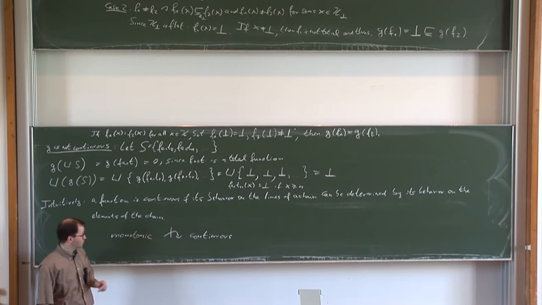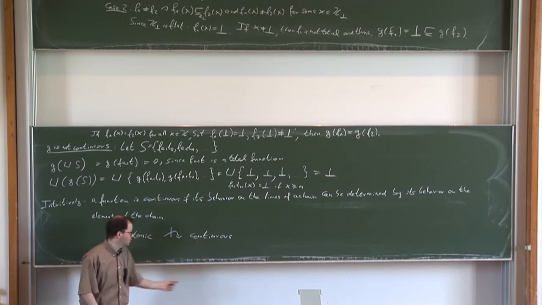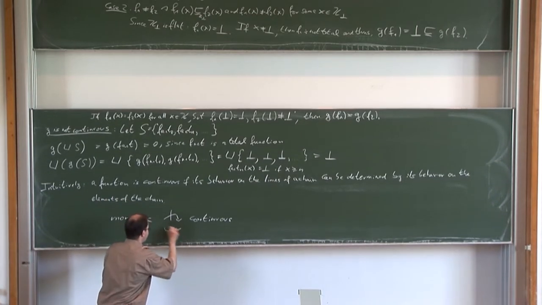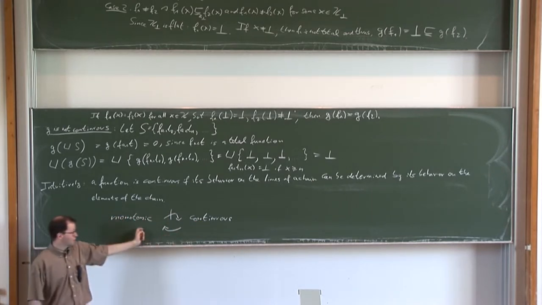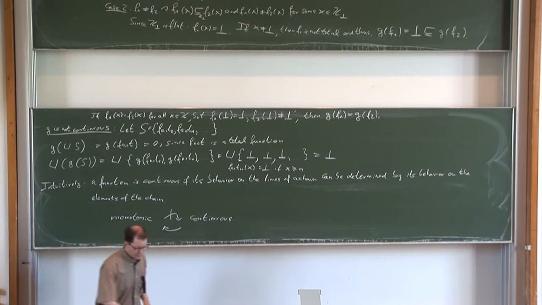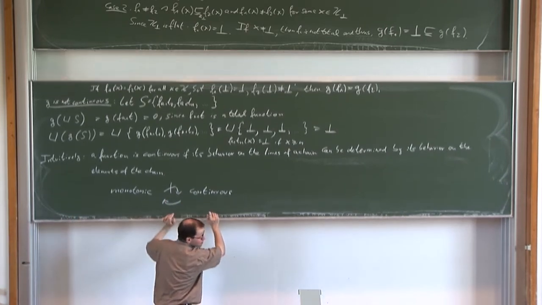Now this example here showed this. This is monotonic but not continuous. So the question is, does the converse hold? Is every function that is continuous also monotonic? And we will answer this question in the next theorem.